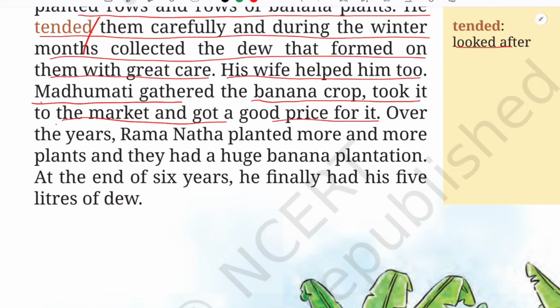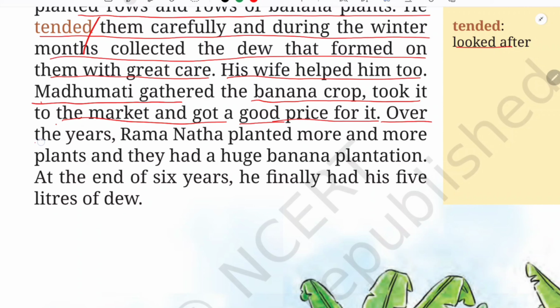Ramnath was not thinking about those fruits or crops. He was only thinking about the dewdrops which form on the leaves early in the morning during the winter season. But his wife gathered all the banana crops, took them to the market and sold them, and she got a very good price. She started earning, so she was happy as well.